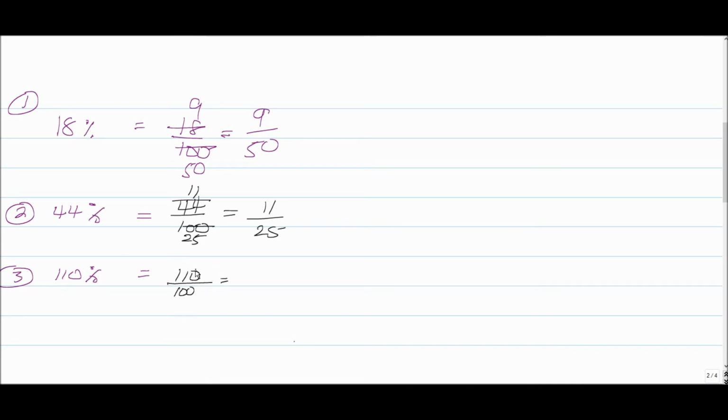Or some people will say 0 cancel 0, and we end up with 11 over 10. Either way, we still have 11 over 10. We could change this improper fraction to a mixed number by saying 10 into 11 goes 1 time with 1 over 10. So these are the first 3 items of exercise 2 on page 77.